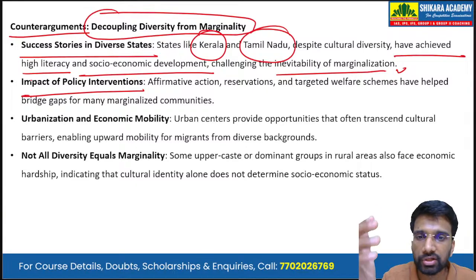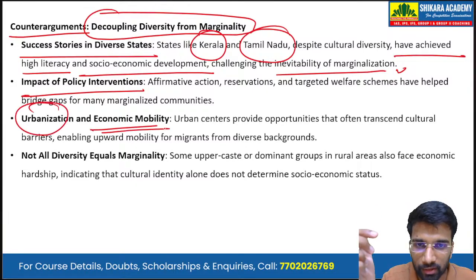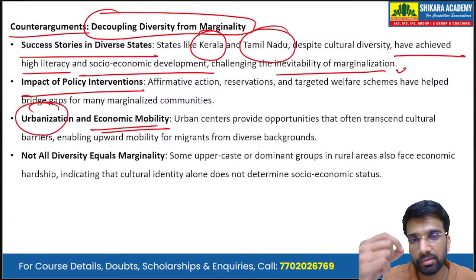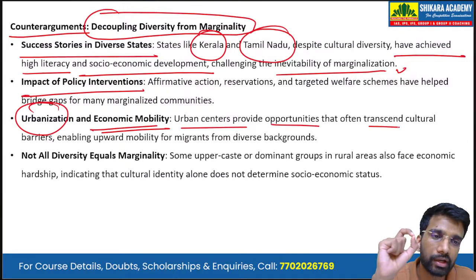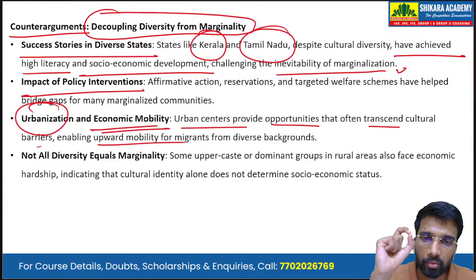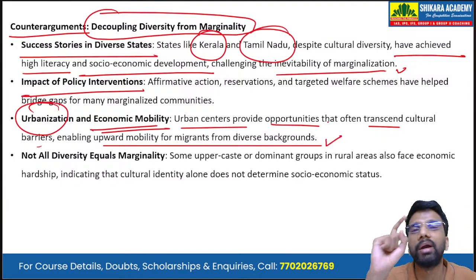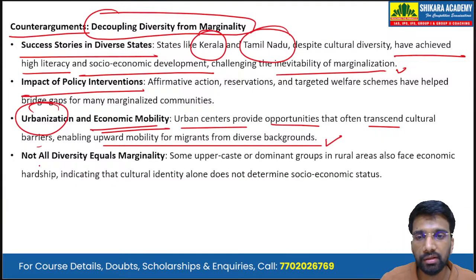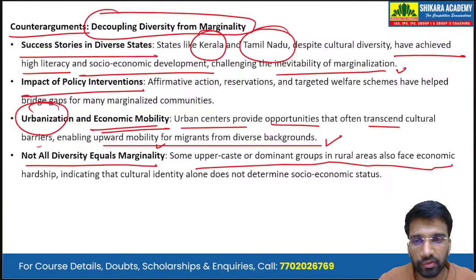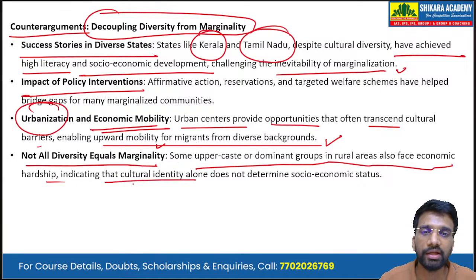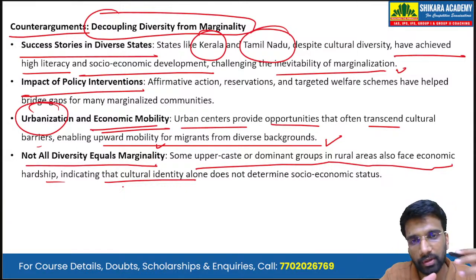Third is urbanization and economic mobility. Over the past decades, urban centers provide opportunities that often transcend cultural barriers, enabling upward mobility for migrants from diverse backgrounds. Lastly, not all diversity equals marginality. Some upper caste or dominant groups in rural areas also face economic hardships, indicating that cultural identity alone does not determine socioeconomic status.